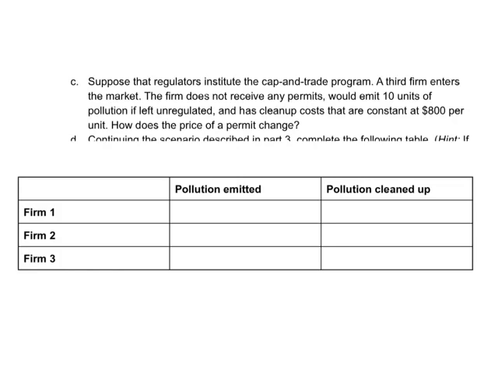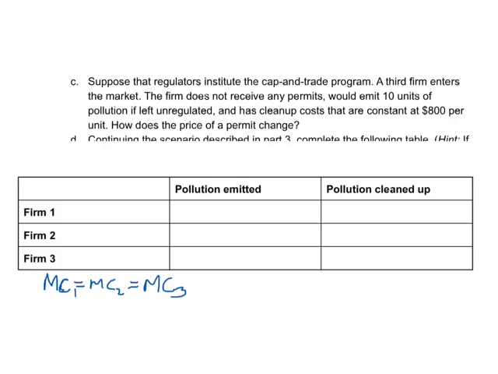But the easy way to do this one is to realize that MC1 is going to have to equal MC2, which is going to have to equal MC3 at the optimum.